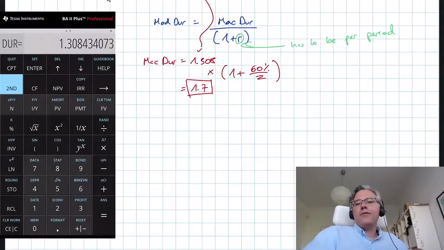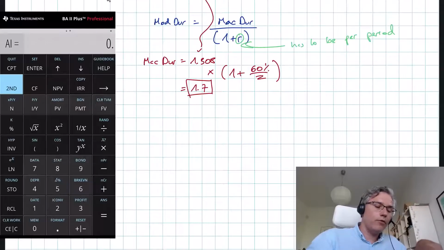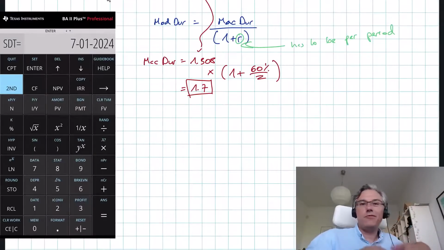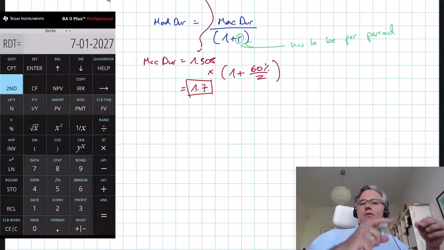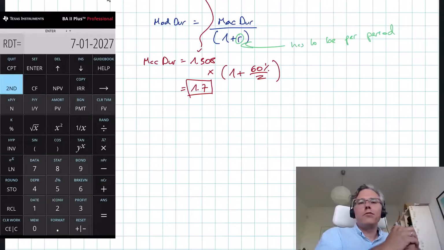Now, this is also brilliant if ever you are asked, although I don't think it would be fair to ask you to do this in the exam, to perform a duration computation using a bond price for a bond that is somewhere in between its coupon dates, because on this worksheet you can input a settlement date which is anywhere, and your calculator will appreciate that if you've entered a redemption date like here, the 1st of July, and your settlement date isn't the 1st of July, or maybe 6 months later, or before the 1st of July, it will draw the right conclusions and say, oh, this is somewhere in between coupon payment dates.